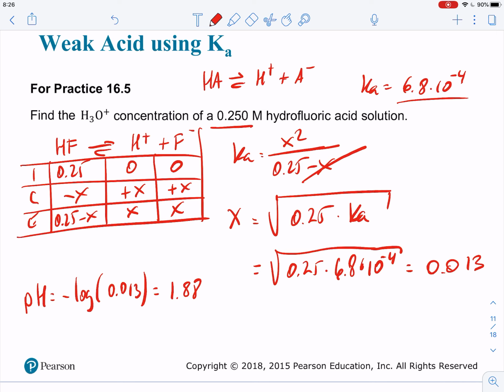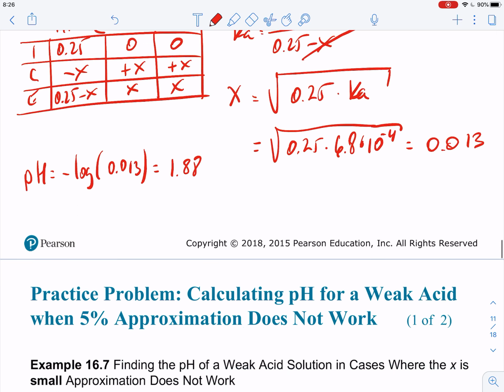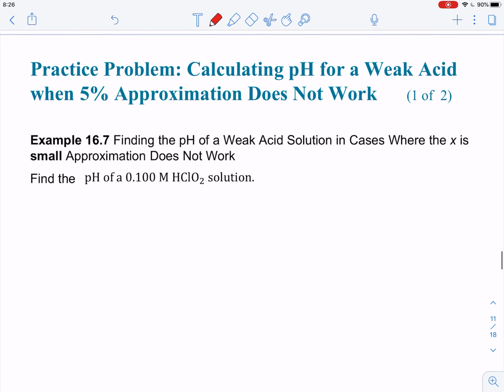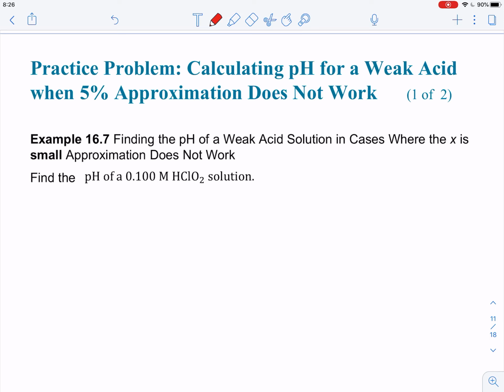Okay, but not all the time can you assume that the approximation is valid. You will come across times in which you have to consider it. So in this particular case, we have chlorous acid, and for the chlorous acid, the Ka is equal to 0.011.